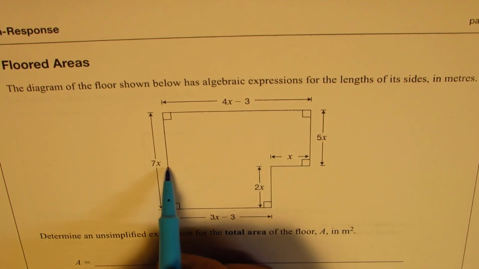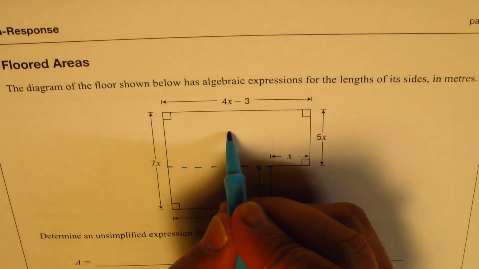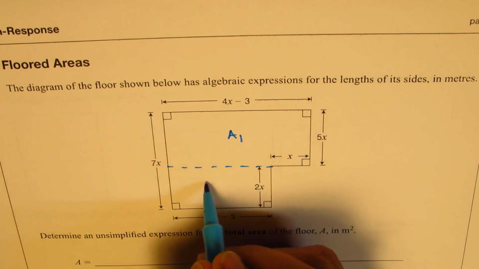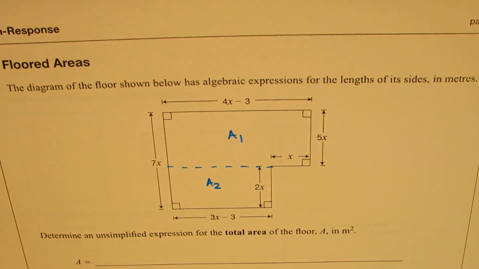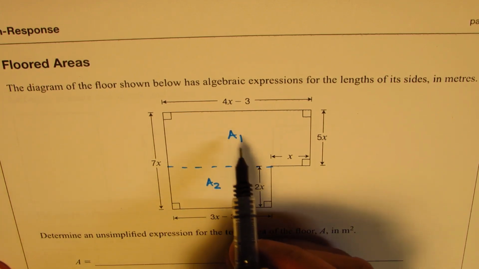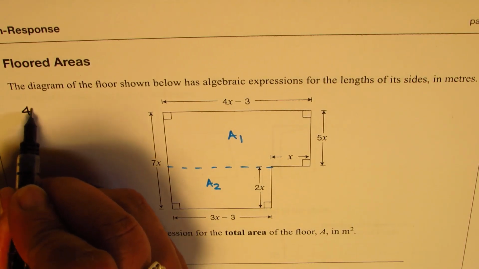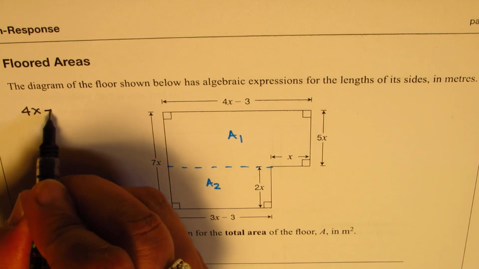So we'll do 2 methods. First method, let's divide it like this. So we have 2 areas. This is area 1, this is area 2. So we can just figure out how much is each, and then we can find the expression. Area 1 is length times width. The length is 4x minus 3.